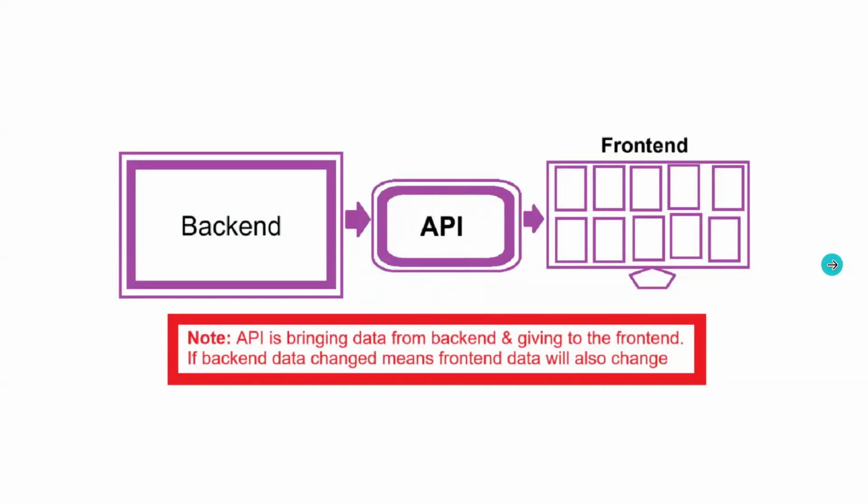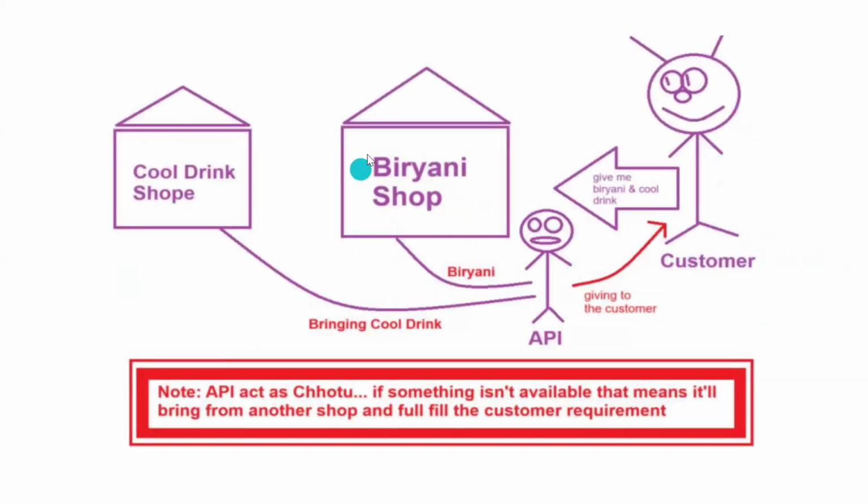Suppose I'm giving you a real life example of API, so you can understand. For example, there is a biryani shop. One customer visits this biryani shop and says: give me biryani and cold drink. The biryani shop has only biryani, and there is no cold drink available. So the owner will call one Chotu. This is what API is. He will tell the API, please bring the cold drink for the customer. It will go to another shop and bring the cold drink from that shop.